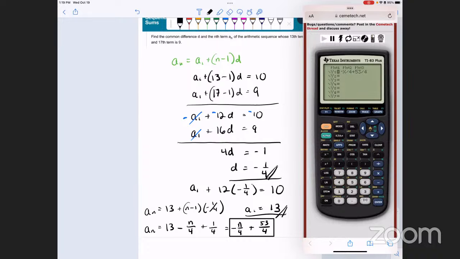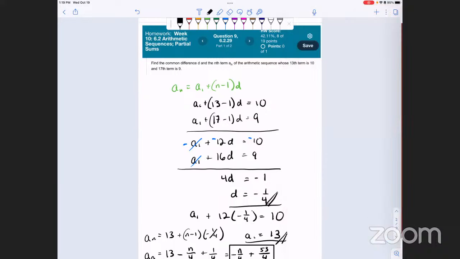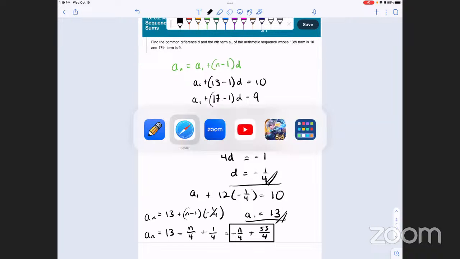So then when n is 13, the output should be 10. I'm just going to call on that function. When n is 13, the output should be 10. When n is 17, the output should be 9. All right, that's about the best we can do. We confirmed that this worked for the given information. So we got negative n over 4 plus 53 over 4.